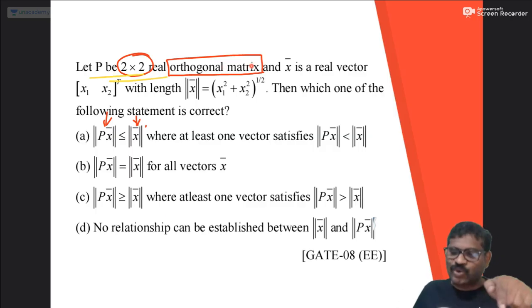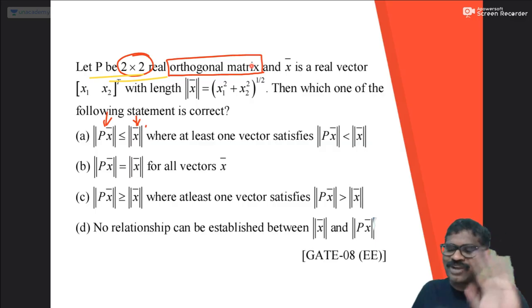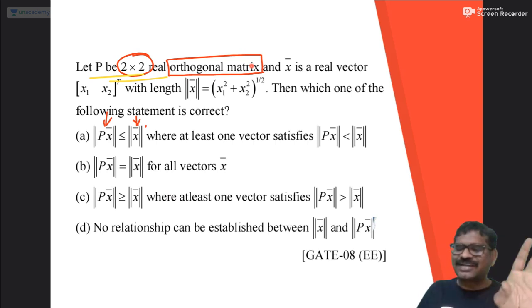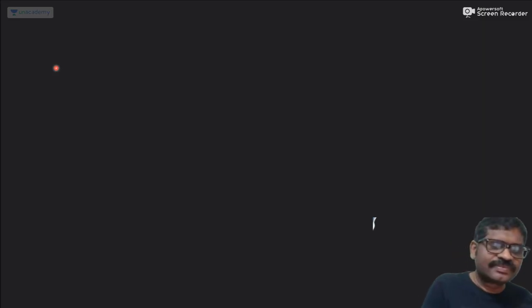I am going to take 2 cross 2 only. Your job is not to calculate A into A transpose. A into A transpose is I is a property of an orthogonal matrix. This problem is not at all designed on that concept. The problem is designed on length.